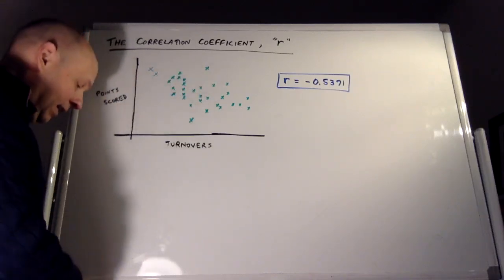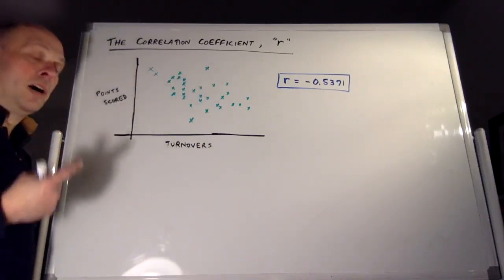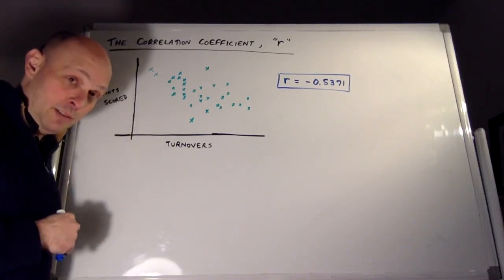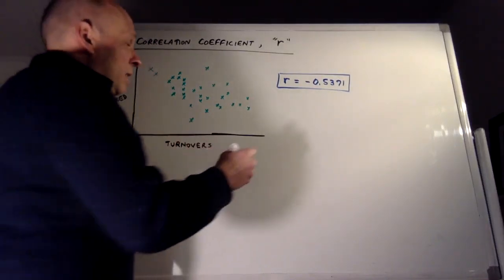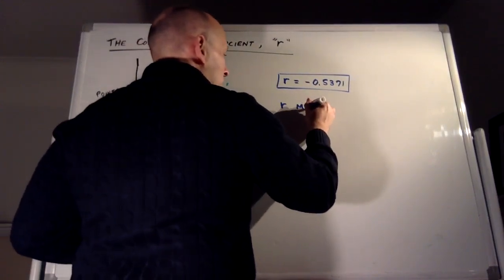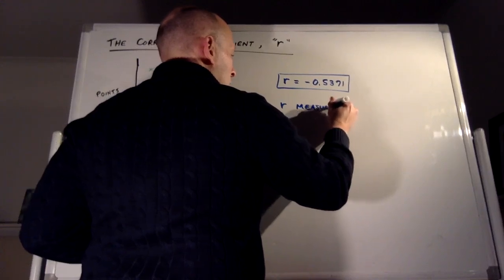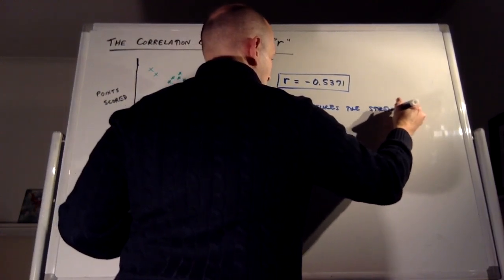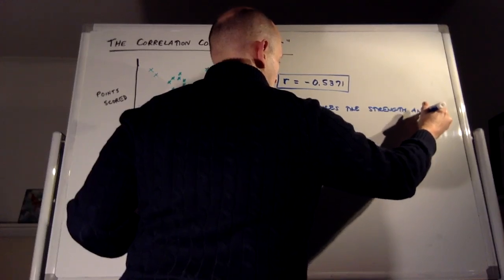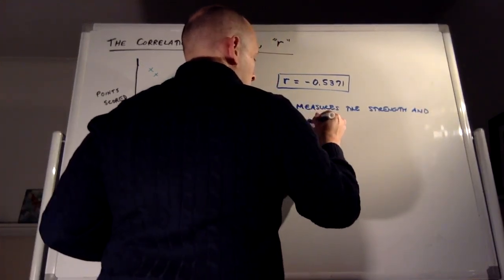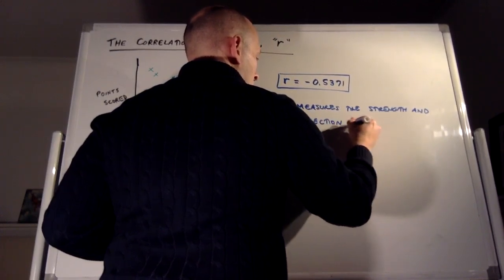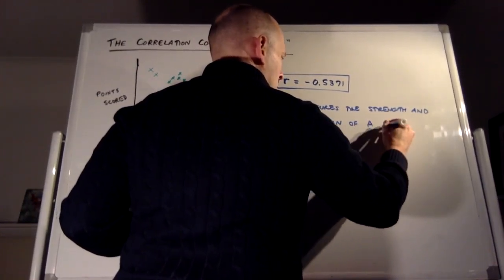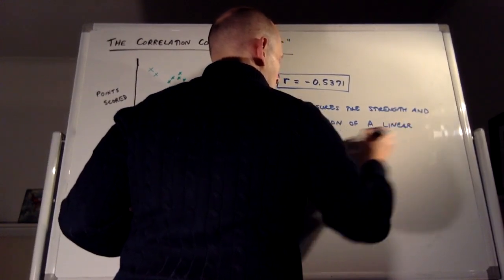So this number is confirmation of two things. One, that it's a negative relationship, and two, that it's a moderate to moderately weak one. So we're going to say this about R: R measures the strength and direction of a linear relationship, or we can say a linear association.